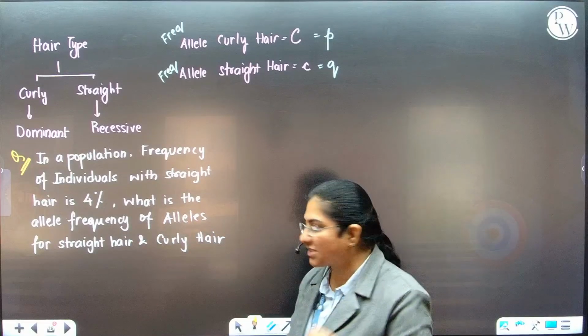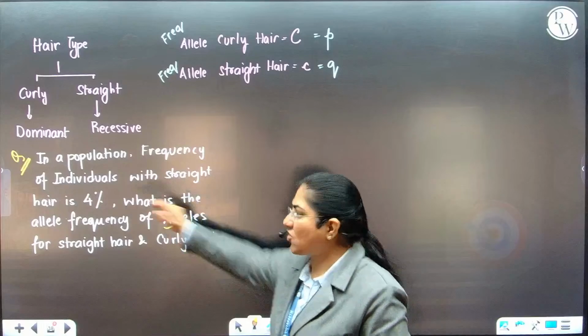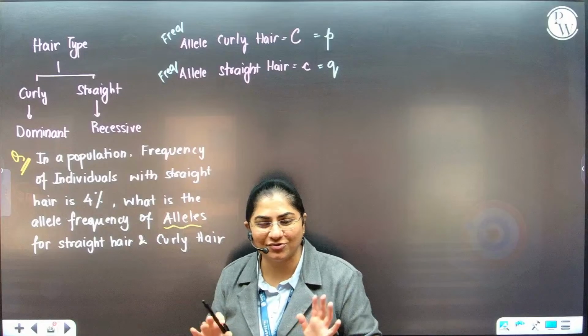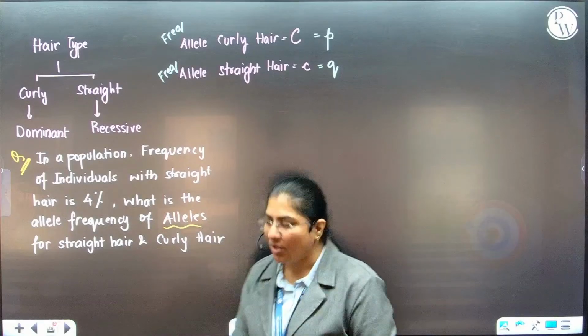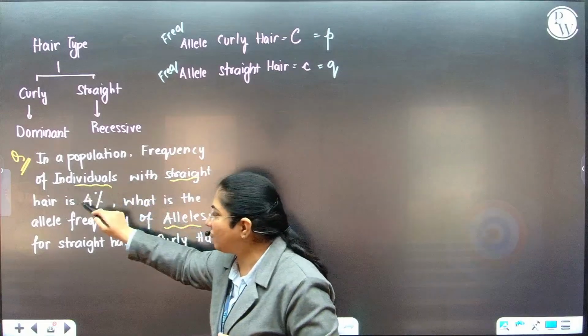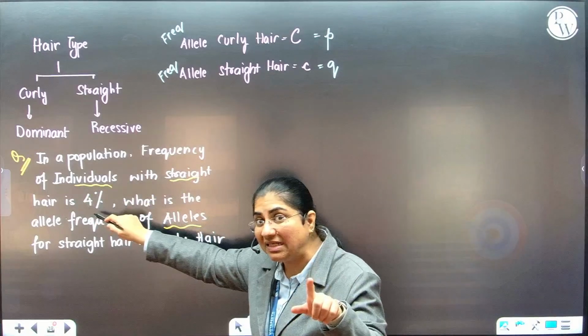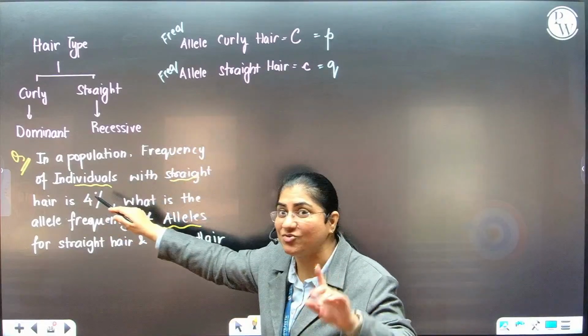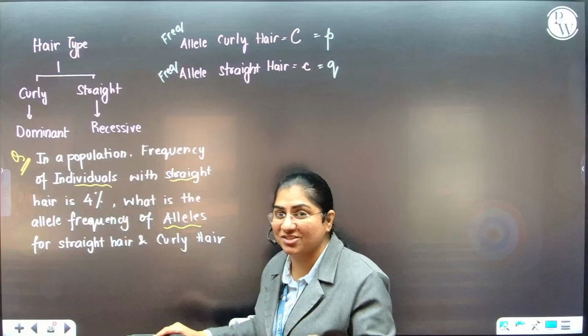So if they are asking for the allele frequency, this obviously is not the allele frequency. This is a small trick for you to remember, how you solve it in the exam and not get confused. If they are saying that straight hair individuals are 4%, will we take it as allele frequency, that is small q as 4%? No, don't get confused in such a thing.